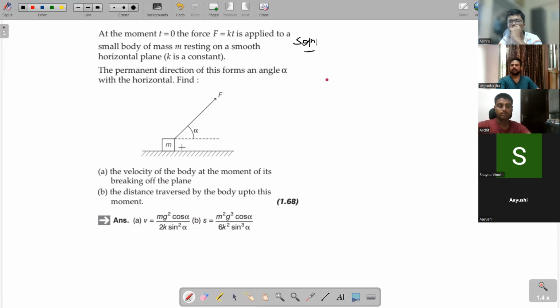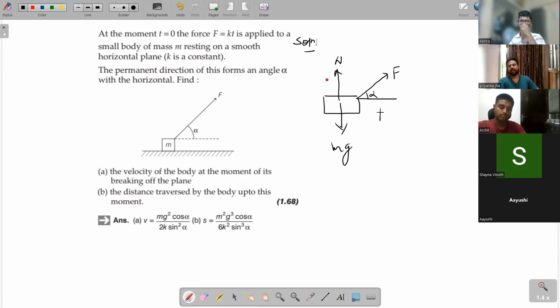See, I'll draw the FBD first. So this is your body M. It will experience one force due to gravity, one normal force due to this plane, and one force F at some angle alpha. Now break it into two components, F sin alpha and F cos alpha.